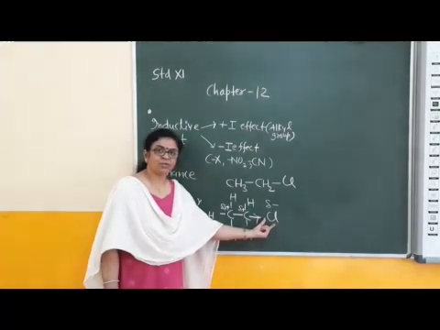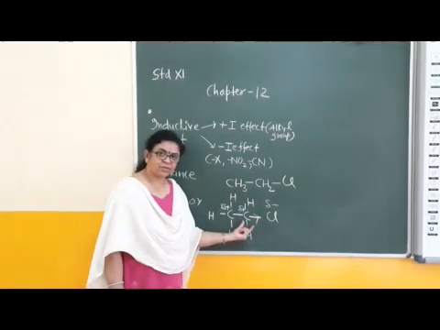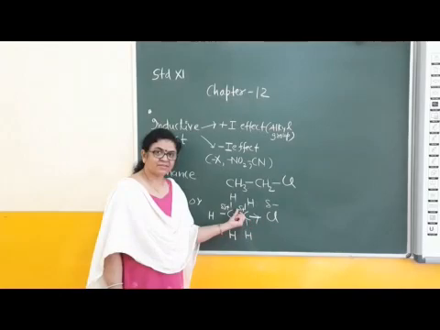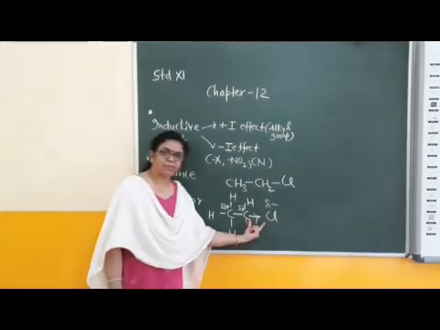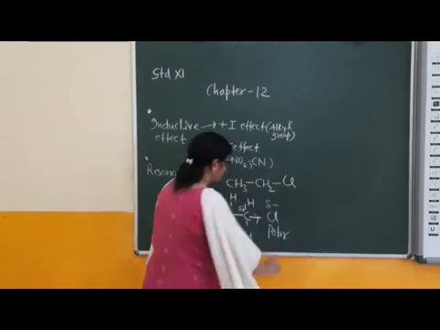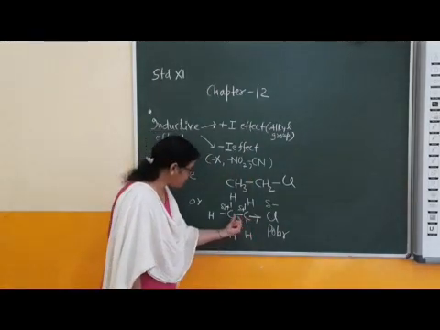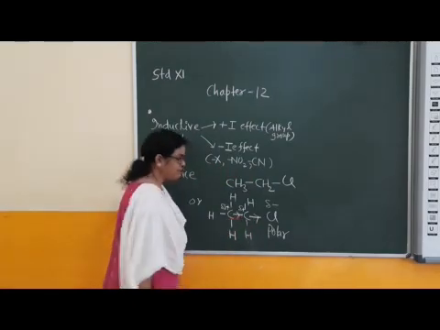Chlorine is most electronegative, becomes negatively charged, and carbon is less electronegative, becomes positively charged. This carbon halogen bond is polar in nature. This is the direction of the effect of this polarity on the adjacent bond.